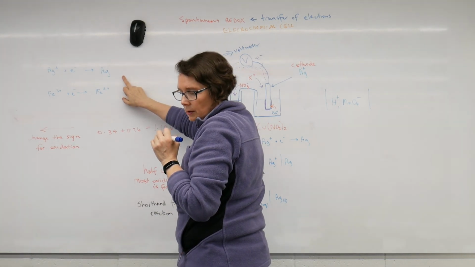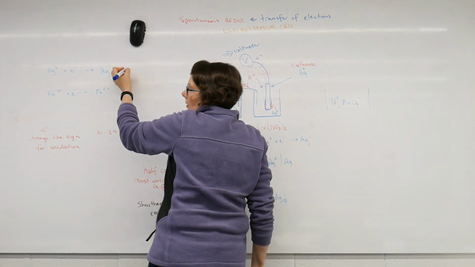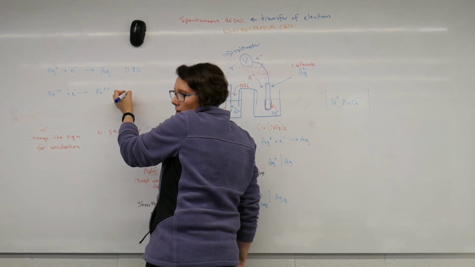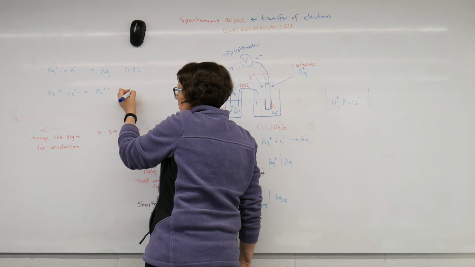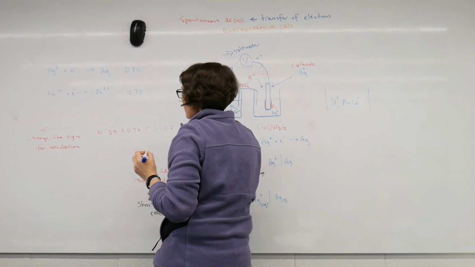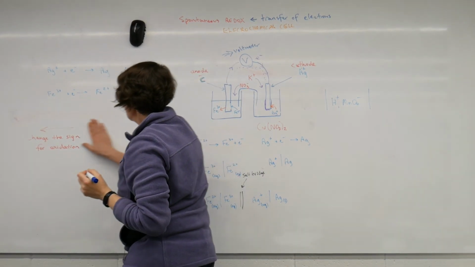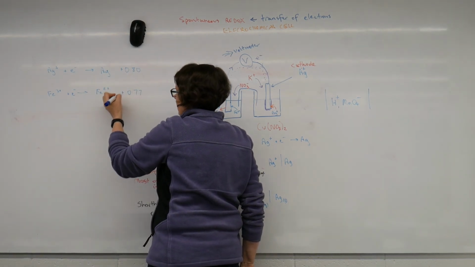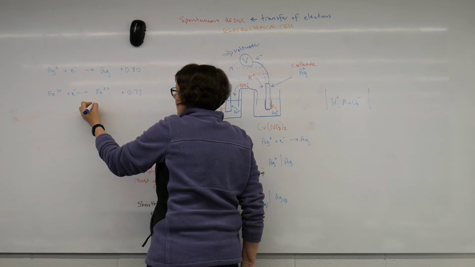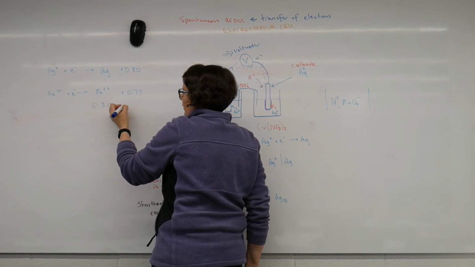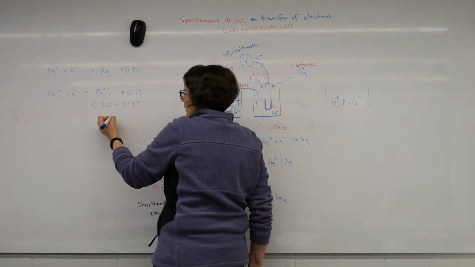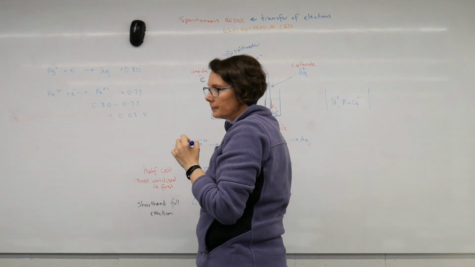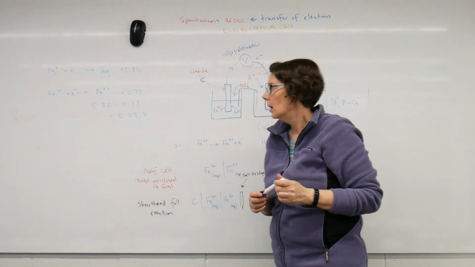The silver is 0.80. And what's this one? It was 0.77. So remember, if we change the signs, then that would be 0.80 subtract 0.77, 0.03 volts. Is that right?